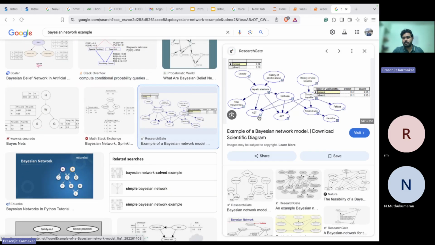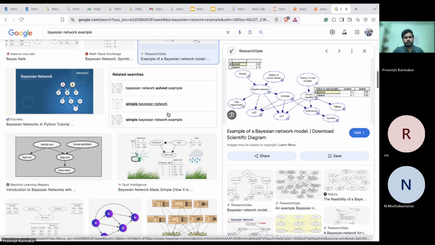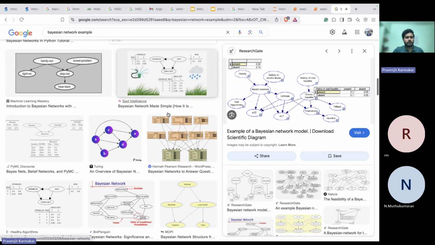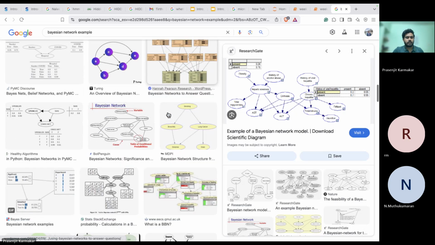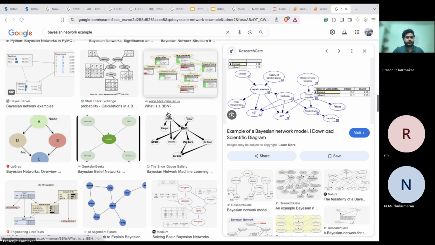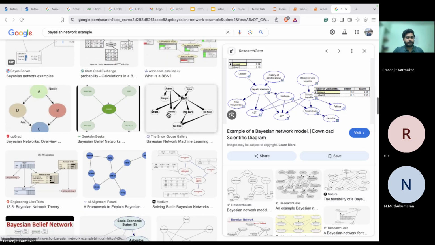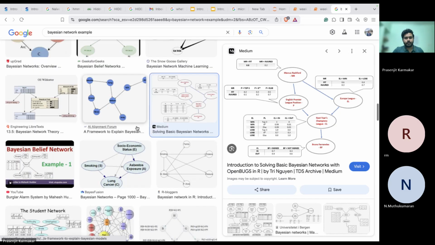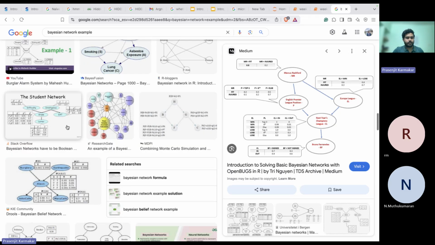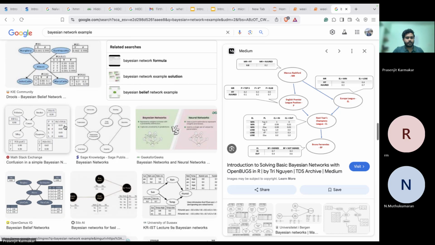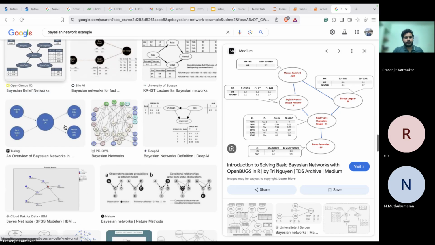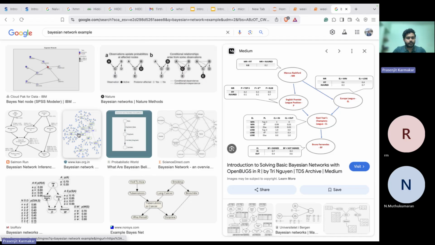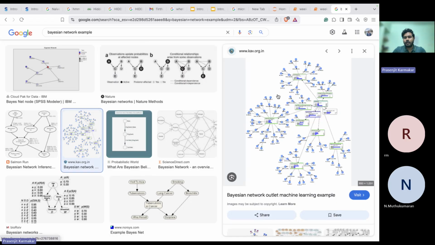Here also, whether probabilities are given or not. Yeah, so these are some kind of real world Bayesian networks on some data sets.